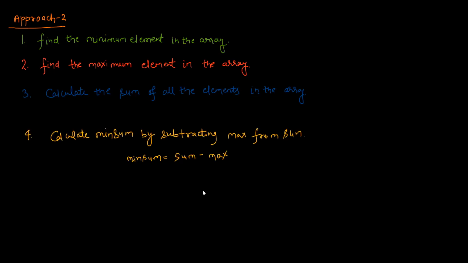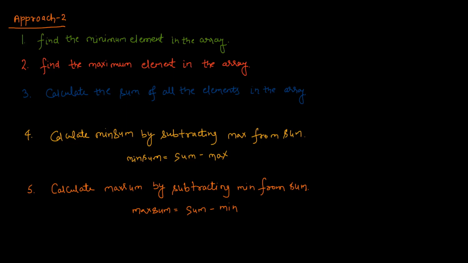And in the fourth, we are calculating the min sum by subtracting the max value from the total sum of the array. And in the fifth step, we are calculating the max sum by subtracting the minimum value from the overall sum. And finally, we are going to print min sum and max sum.